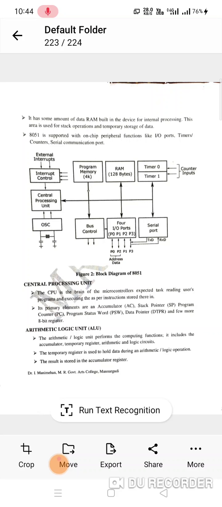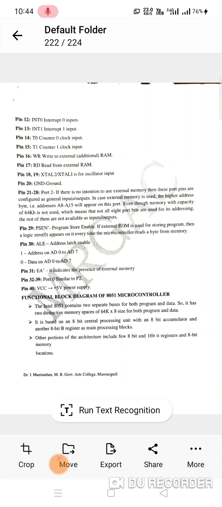So let us see the function of the blocks. The Intel 8051 contains two separate buses for both program and data, because it is constructed according to Harvard architecture.